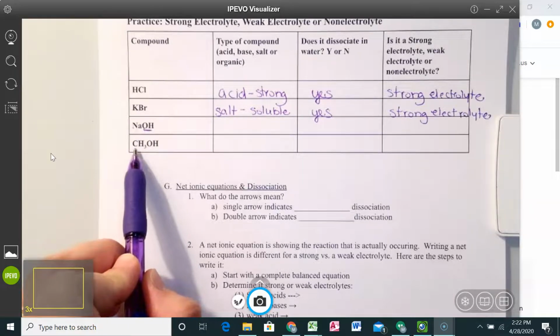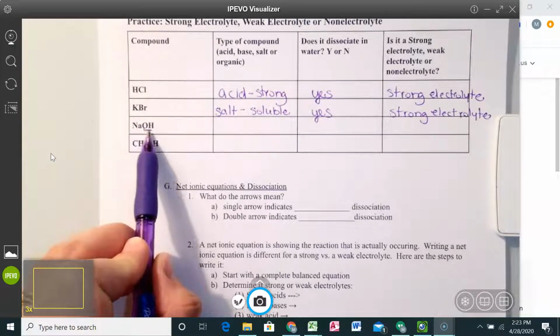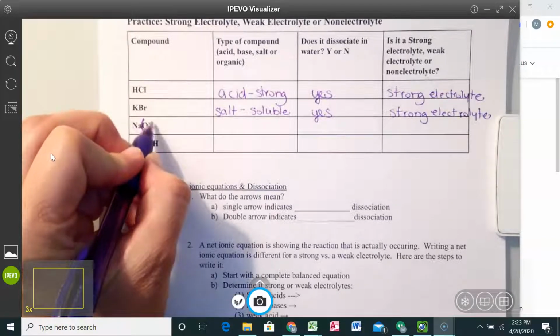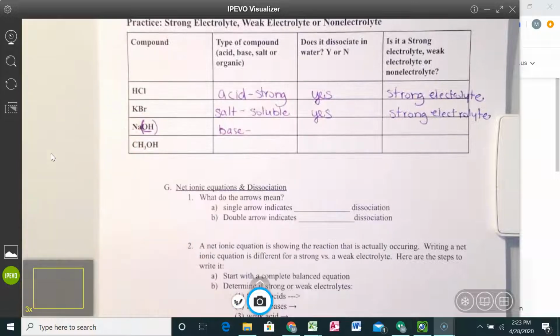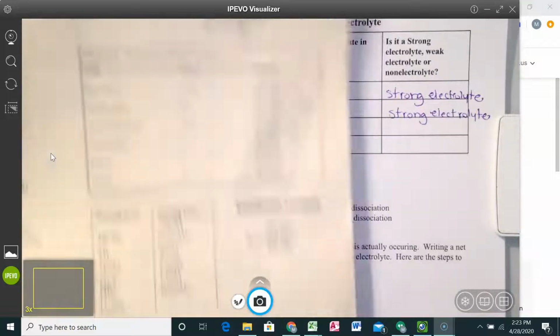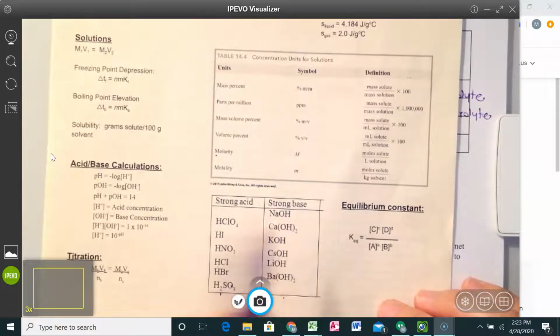This next one's going to be a little tricky. Okay, this one's not a base. We'll think about that in a second. But here we have an ionic compound, a cation attached to a hydroxide, and there's that hydroxide right there. So this is a base. But let's take it a step further and actually categorize what type of base it is. So I'm looking on my reference sheet, and I can see right here, sodium hydroxide is listed as a strong base.